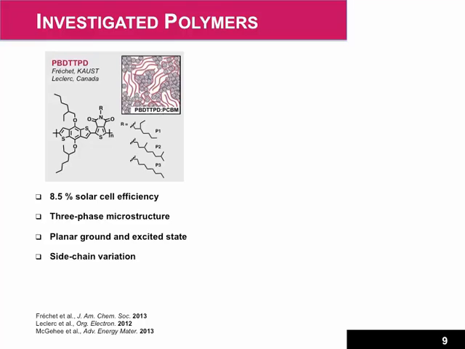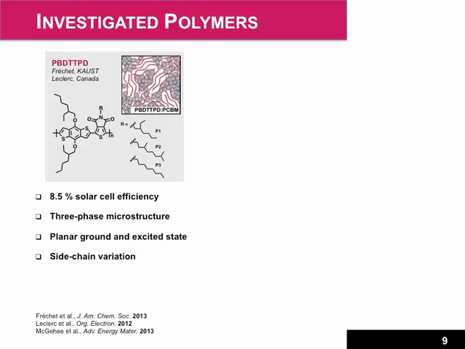So you have pure polymer aggregates, then some fullerene clusters, and also some regions where the polymer and the fullerene are intimately mixed. So we have three different phases here. It's also a polymer I like a lot because it's quite planar in the ground and excited states. In general, it favors delocalization effects and avoids self-trapping effects, which can be bad.